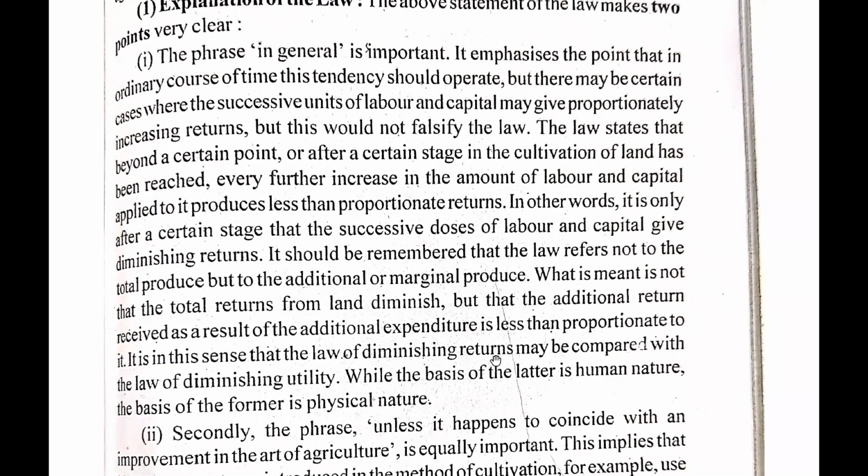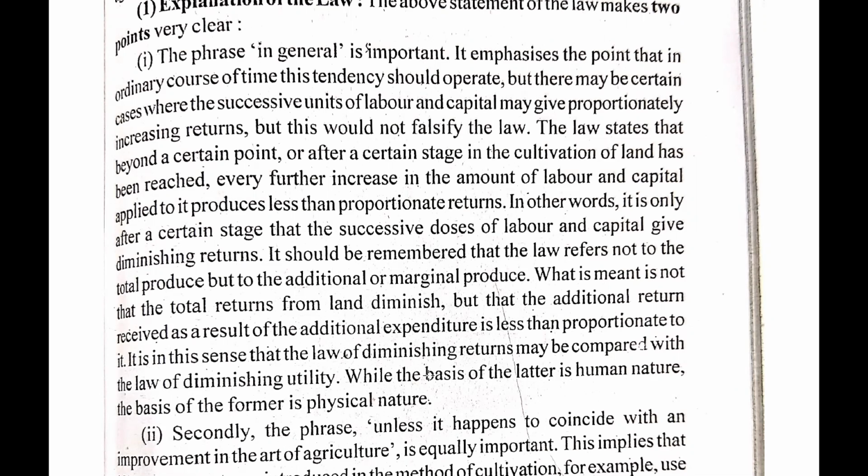So guys, we need to understand that when we increase our labor and capital for the first time, we will get highly increased production, and we will also get a highly increased marginal rate of production and average production. But when we increase our labor and capital for the second time, we will definitely get increased production but at a lower marginal production compared to the first time.